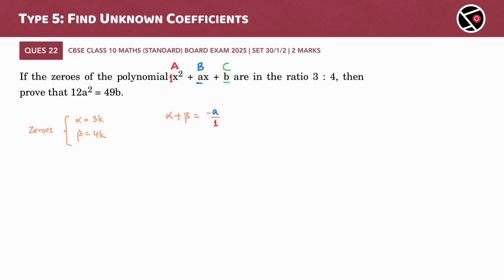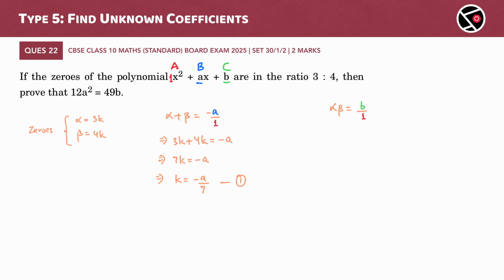Substituting the value of alpha and beta, 3k plus 4k equals minus a. 7k equals minus a, or k equals minus a over 7. Next, alpha times beta equals C over A. C is lowercase b and A is 1. We have alpha times beta equals b over 1.